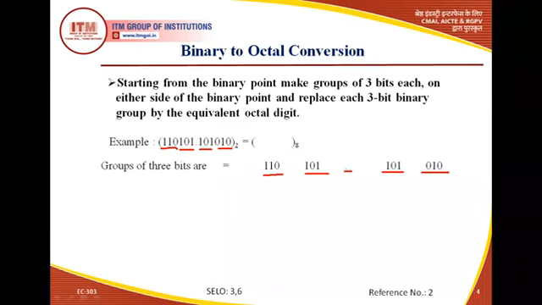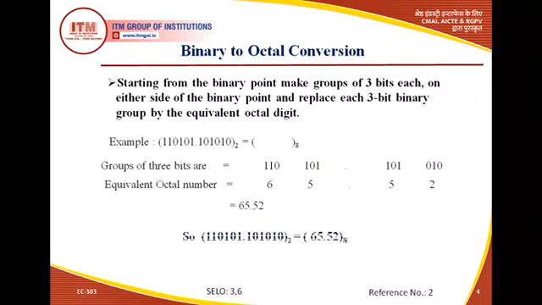Now note down the equivalent octal digits, which you can also see from the table. 110 is 6, 101 is 5, 101 is 5, and 010 is 2. So the octal equivalent of the given binary number 110101.101010 is 65.52. In such a manner we can convert a binary number into an octal number.